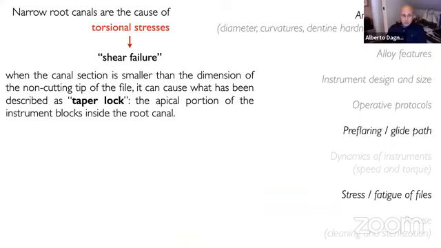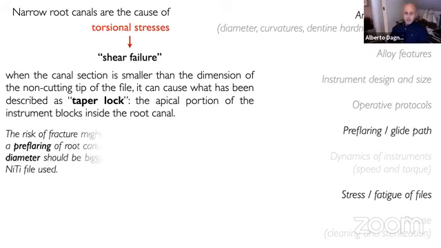We have also to consider, as I told you before, the diameter of the canal. All small diameter canals are a cause of torsional stresses. This means that when the root canal is very narrow, very tight, the friction of the file moving inside the root canal is very high, and we can have the risk of blockage inside the root canal.